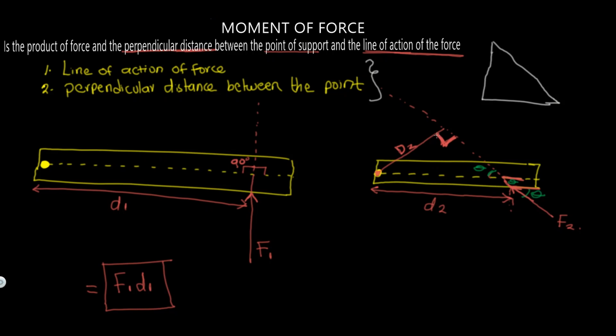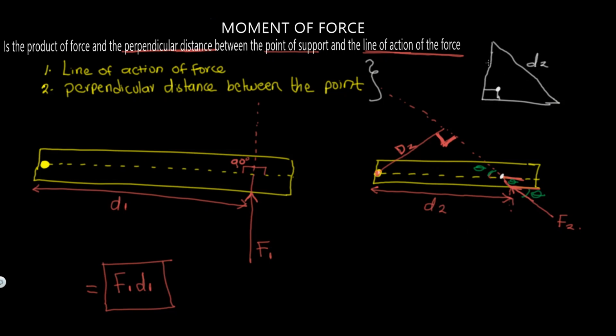Now you realize that this pointer here of the 90 degrees, where it points, always represents the hypotenuse. So the distance between this point and this point is the hypotenuse of the triangle. Because if you draw a right angled triangle, you realize that this sharp point here always points at the hypotenuse. So this is D2.